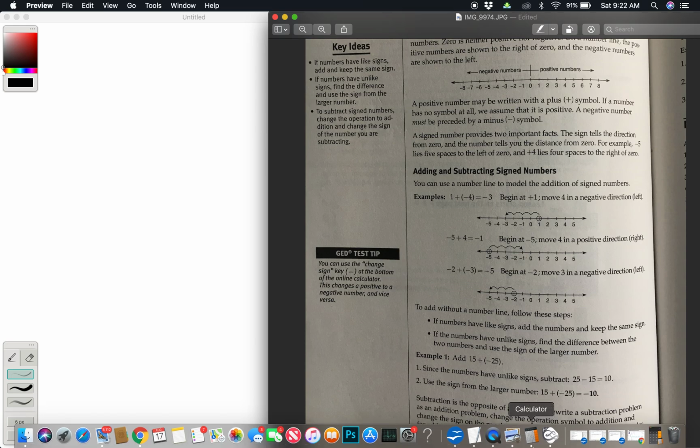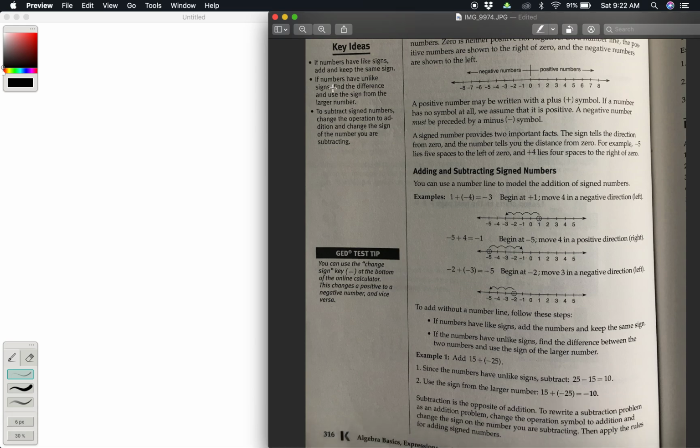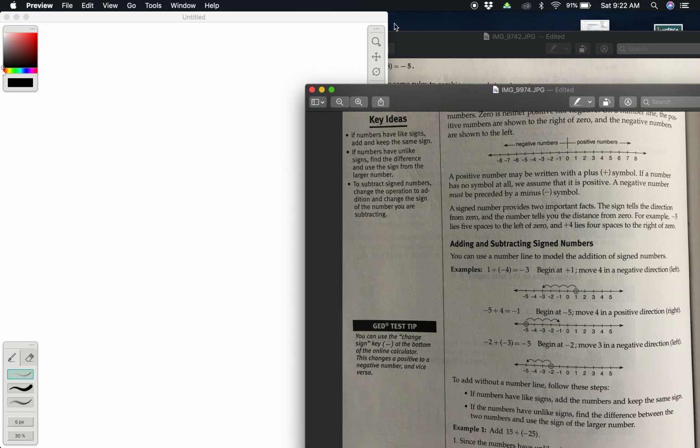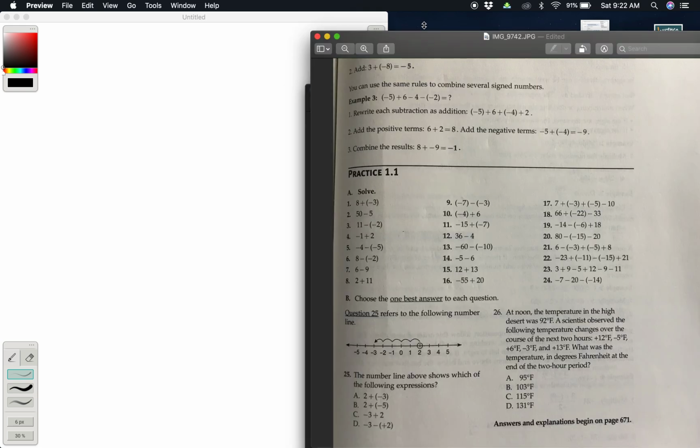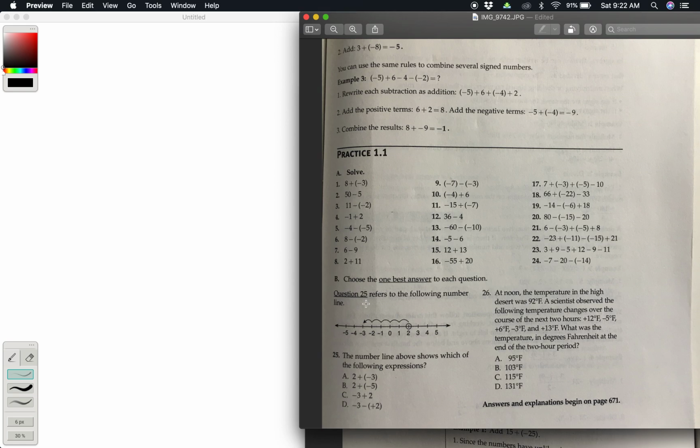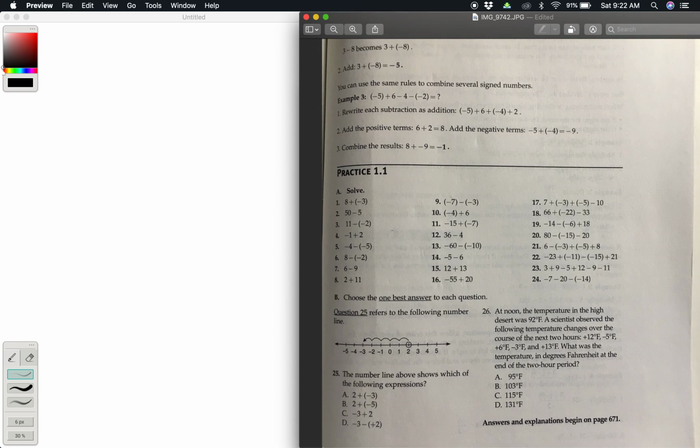Go to the next page. Here we have actual problems. There is a concept here as well. Let's see what it says here: rewrite each subtraction as addition.